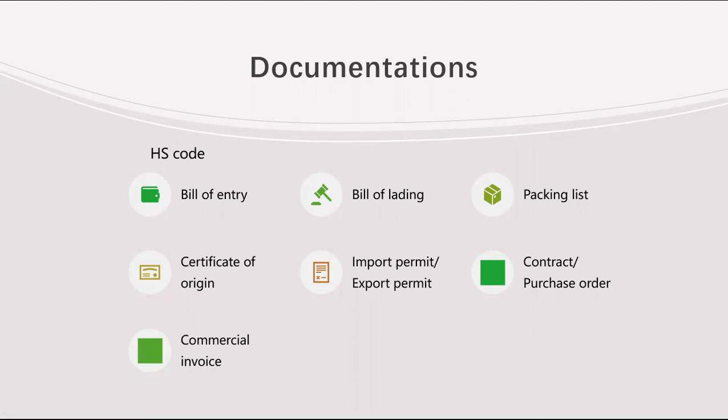The bill of lading acts as two things. First, it is a legal document for the contract between the buyer, seller, and the shipping company. Second, it acts as the proof of title of goods in import and export.